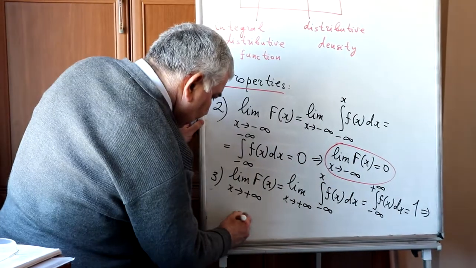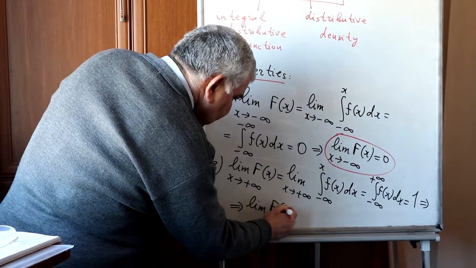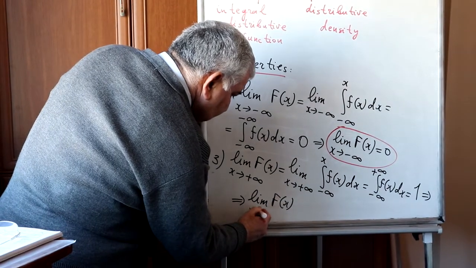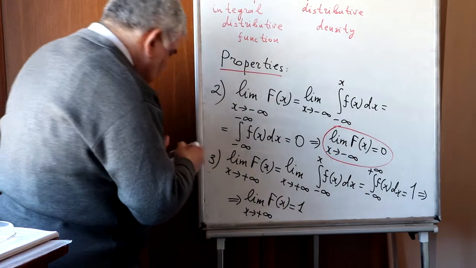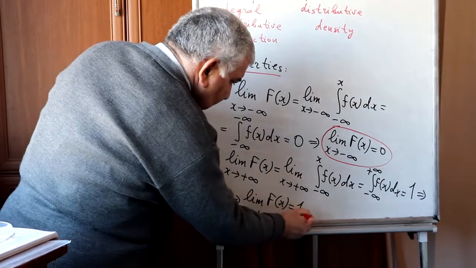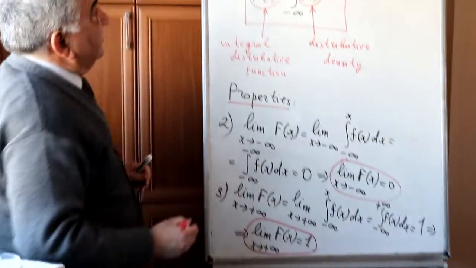It means the limit of F capital of x when x tends to plus infinity is equal to 1. It is the last property of the integral distributive function.